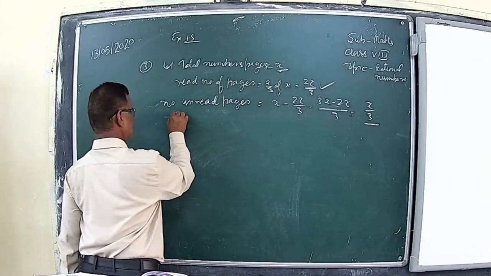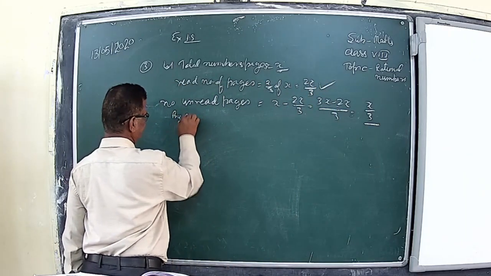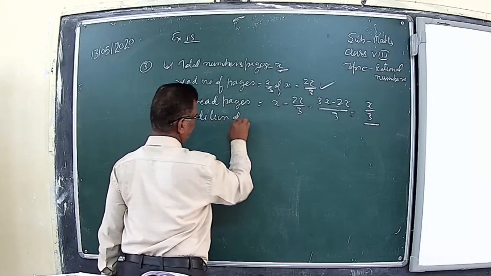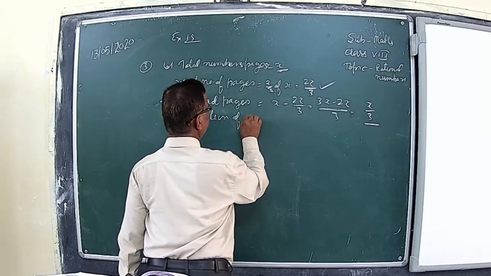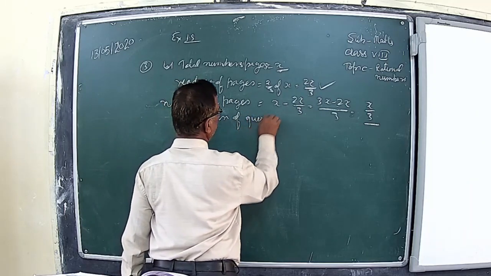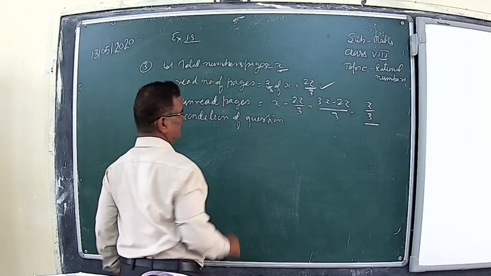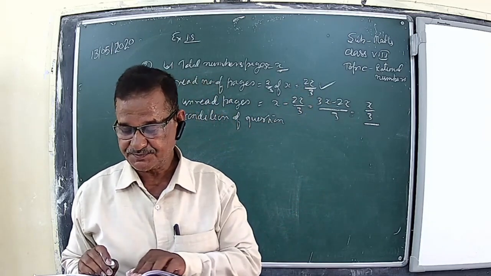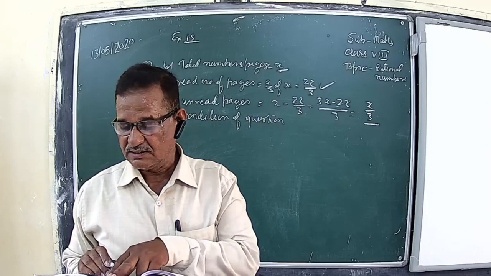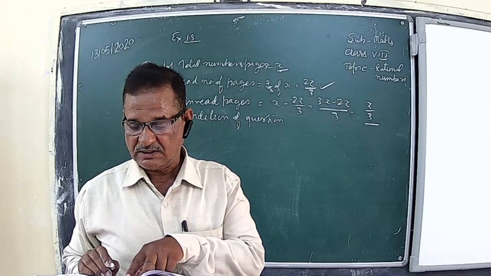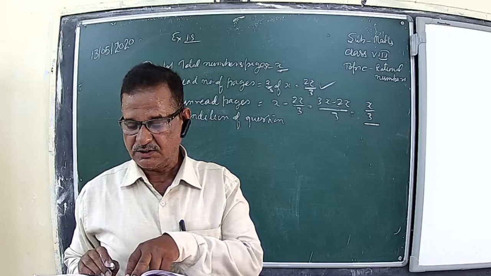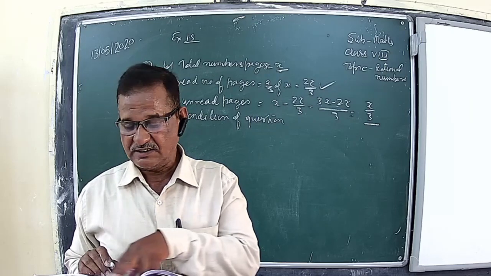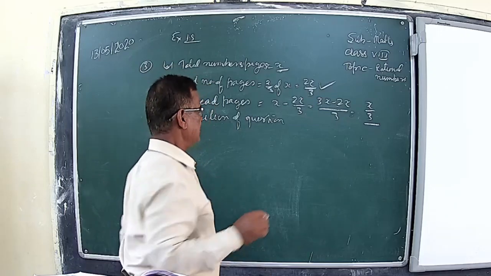Now, by the condition of the question, it is given the difference of read and unread pages. Found that read pages are 2 by 3 of the book, and the read pages are 90 more than unread pages.